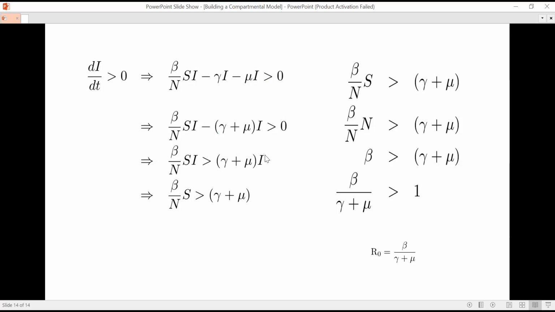And so what are the like terms? We want to cancel out the I's, and we have beta over N S, or rather beta S over N, being greater now than the rate parameters. Now we are also considering the natural deaths in that population. And so what's next from that?